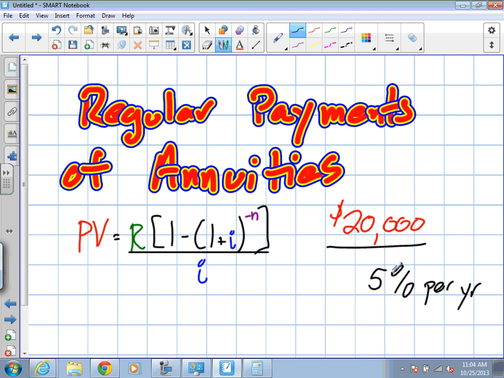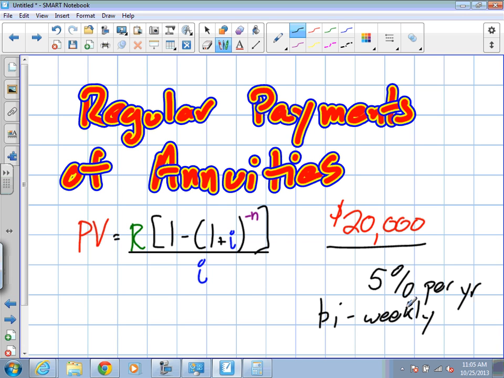The compounding period, now we usually use monthly. Again, I wanted to use something different for you guys. Twice a year is pretty rare. Bi-weekly, that's great. Okay, we're going to say it was bi-weekly. Does anyone know what bi-weekly means?